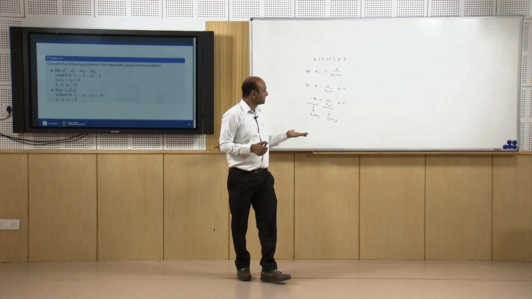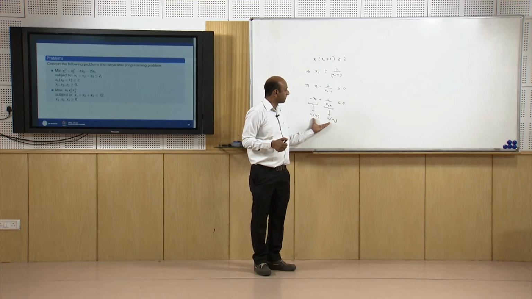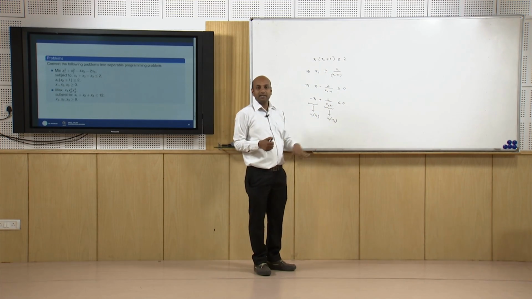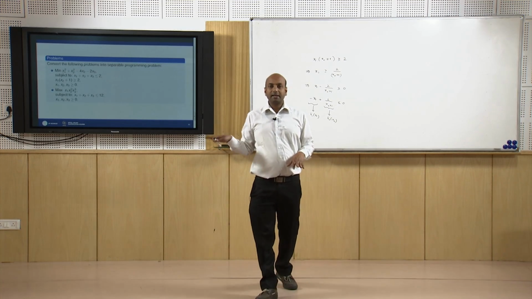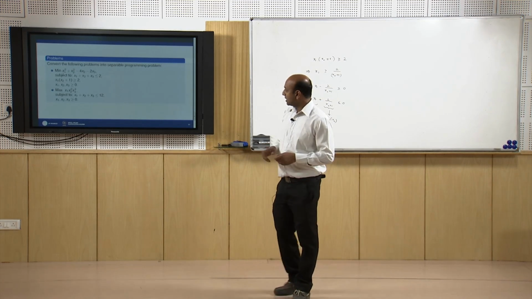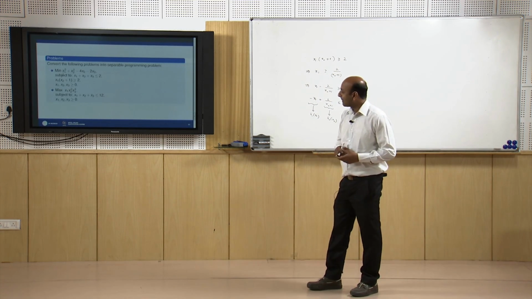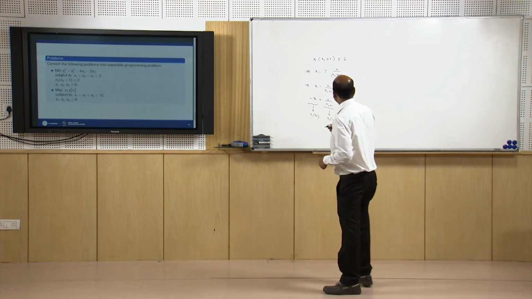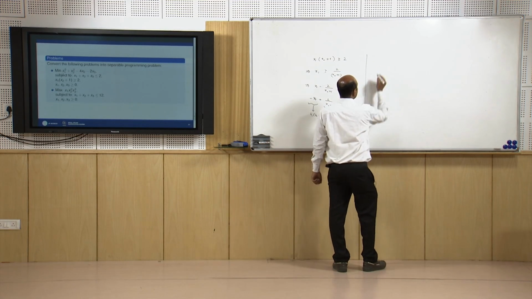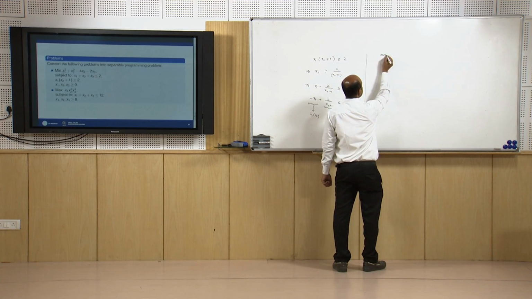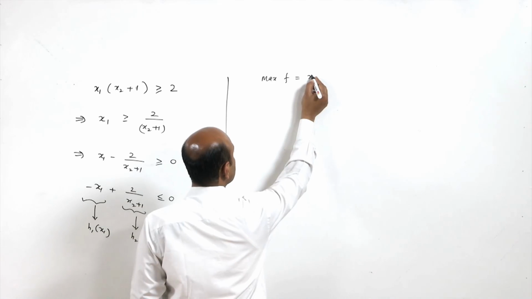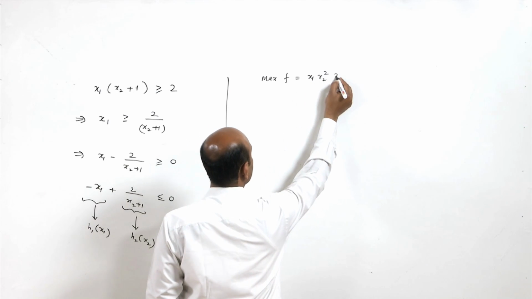So, some problems we have to make separable, and then apply the technique to solve them. Now, the next problem. How can we make it separable? The objective function is maximizing f equals x1 x2 square x3 cube.